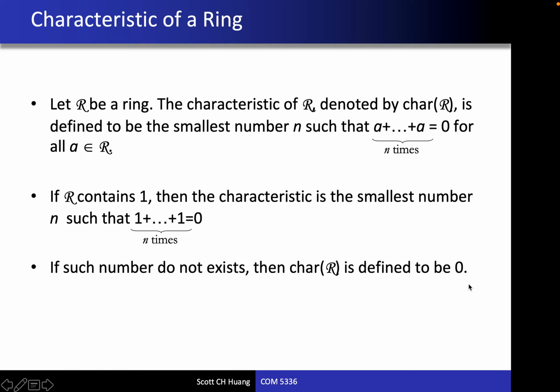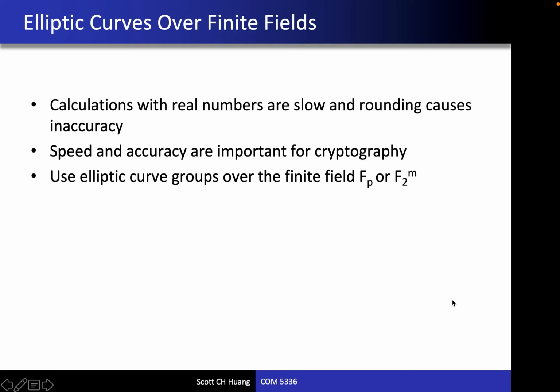So the characteristic of the set of real numbers, the set of complex numbers, the set of rational numbers, those are fields, and their characteristics are all 0. We can also consider the characteristic of a ring, such as the set of integers, which is a commutative ring with identity, and that characteristic is also 0.